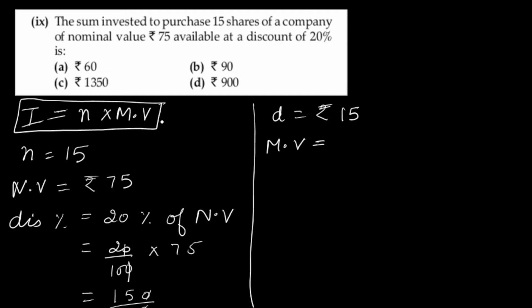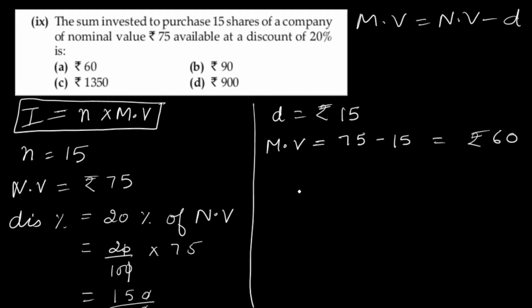So number of shares into market value, that is 15 into. How do we find market value? Market value is nominal value minus discount. Nominal value is 75, discount is 15, so this is equal to rupees 60. Now we can find the investment. The formula is number of shares into market value.